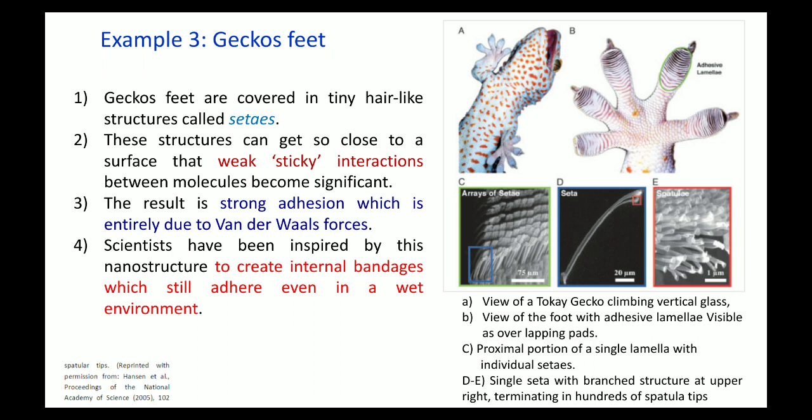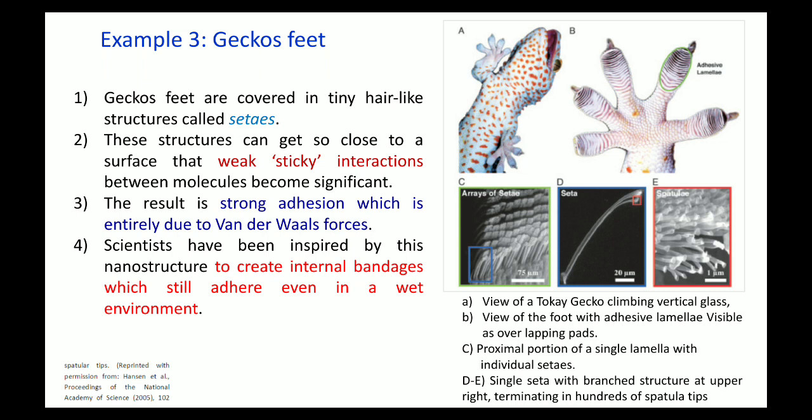In B you can see a gecko's foot, and there is a region represented with a green circle. In image B, it is called an adhesive lamella.